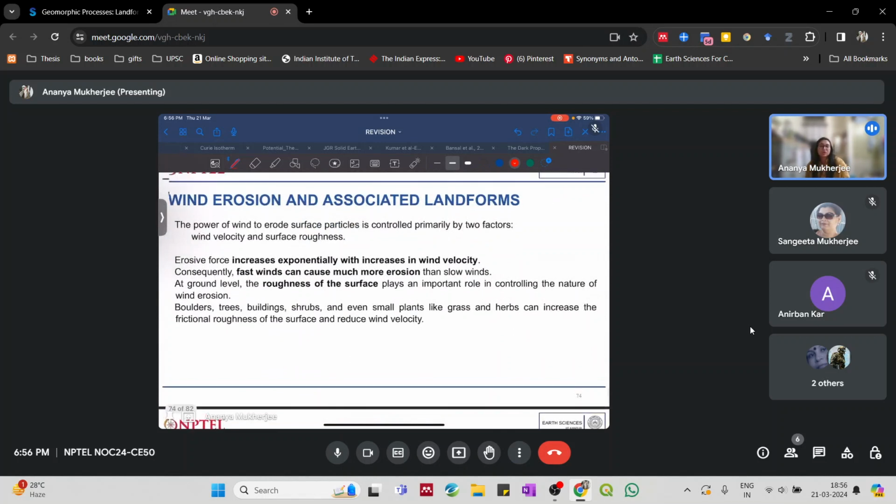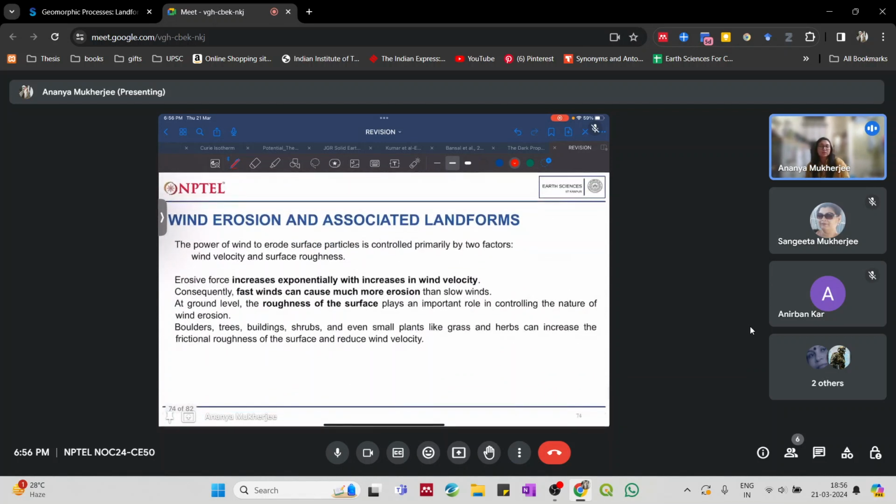So the wind erosion and associated landforms. Obviously the ability of wind to erode depends on the velocity of the wind as well as the surface roughness. The velocity has to be very high for the wind to be able to carry the material with it as well as erode the existing features there.